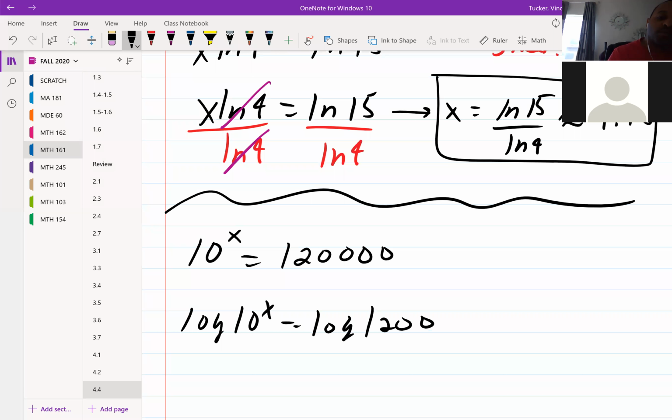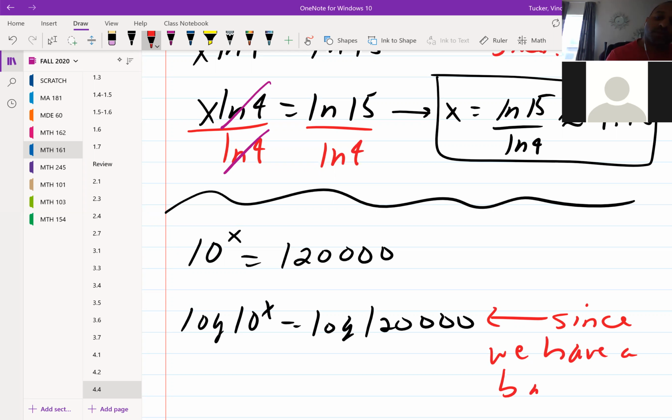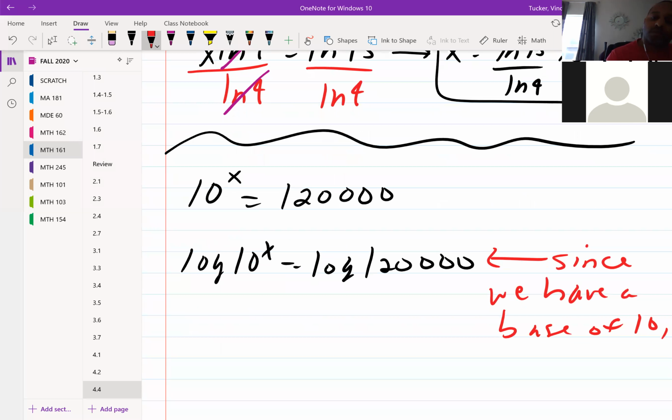Remember, we're applying it to both sides. All right, and since we have a base of 10, we use the common log.